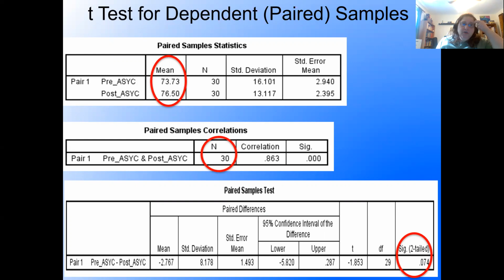Well, now I could go to the t-table with my DF of 29, the fact that I know that it's one-tailed, my alpha of 0.05. I could do that, but there's a far easier way than pulling out my t-table. And I'll tell you. To get from a two-tailed sig to a one-tailed sig, just divide this p-value, 0.074, by 2. Don't multiply, divide. Divide by 2.